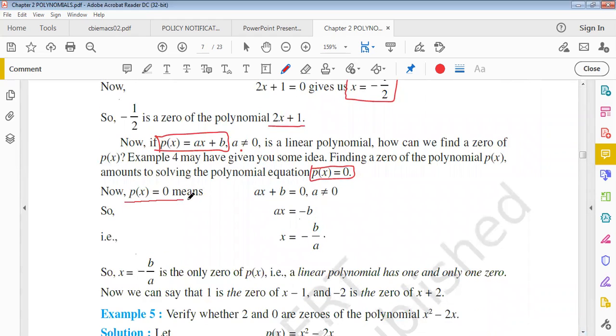That means px equals to 0. So when we are taking px equals to 0, this plus b taking to either side, it is minus b. Then in the next step, we are dividing by a to this side. So x equals to minus b by a. If we are putting x equals to minus b by a here, this polynomial becomes 0.